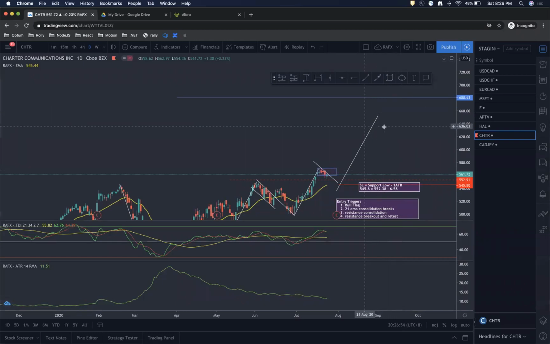So meaning you reduce your position here, you can move your stop loss high on the profit area, or you just leave it there, and then kapag bumabasa dito, and hanggat hindi pa nababasag yung 21 EMA, you can stay in the trend or in the trade.